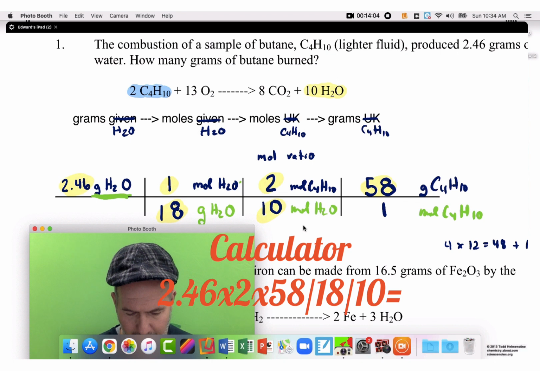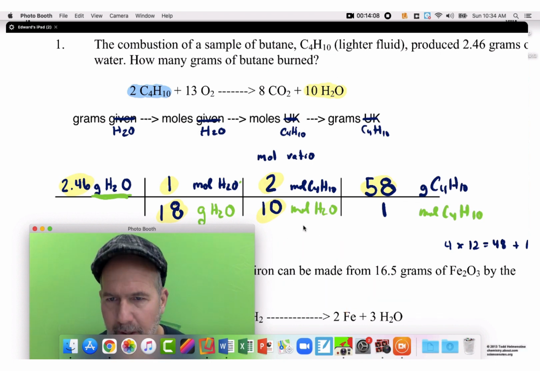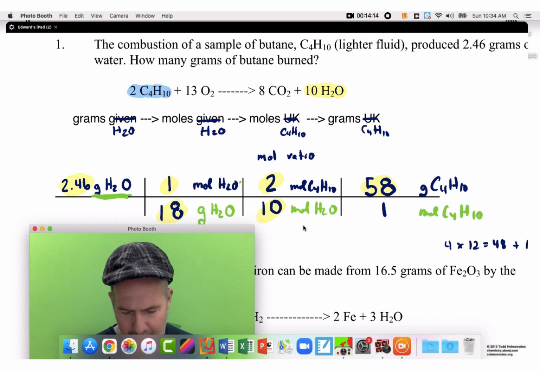So in my calculator for realsies this time, and I'm not putting in the ones. And you can do this in any pattern. You can try a different pattern if you don't believe me. 2.46 times 2 times 58 divided by 18 divided by 10 equals.